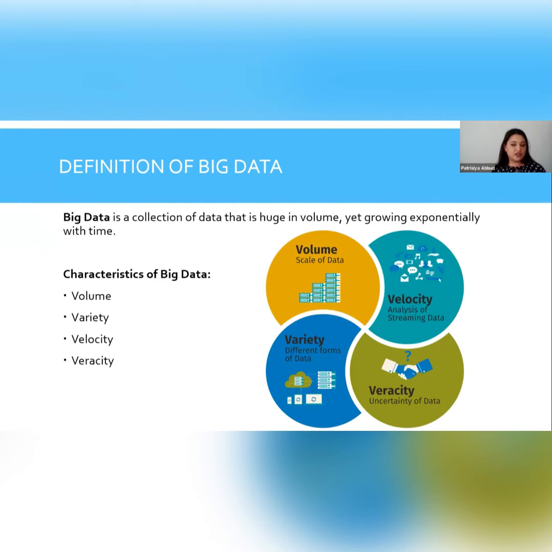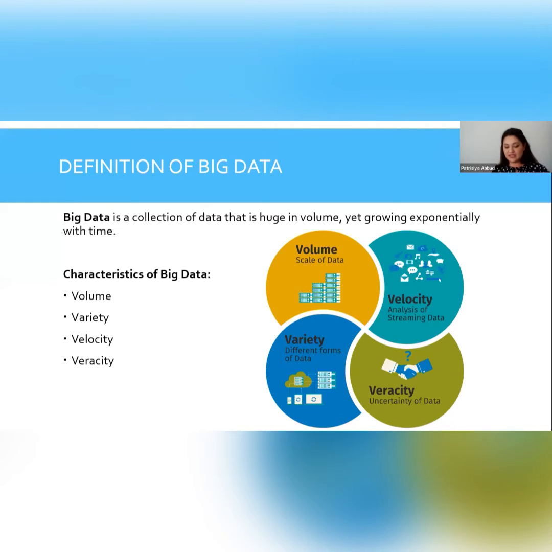Data can be both structured or unstructured. Nowadays, when we're talking about big data, we consider data in the form of emails, pictures, videos, etc. And of course, this variety of unstructured data poses certain issues for storage, for mining, and for analyzing data.